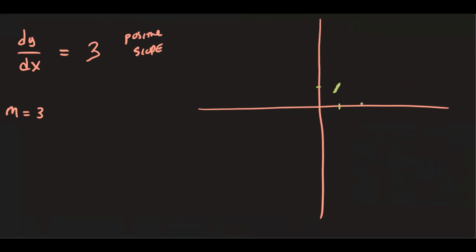Now I'm just going to extend a little bit more. Let's do 2, 1: slope is 3. 3, 1: slope is 3. 4, 1: slope is 3. Hopefully you got the idea. I can also do it on the left side of the axis: -2, 1 and -3, 1. The slope is still 3, and so on. Now let's do more points. Let's do 1, 2.